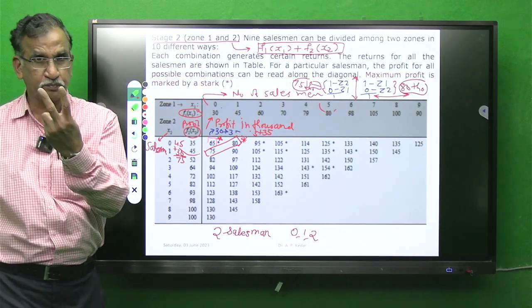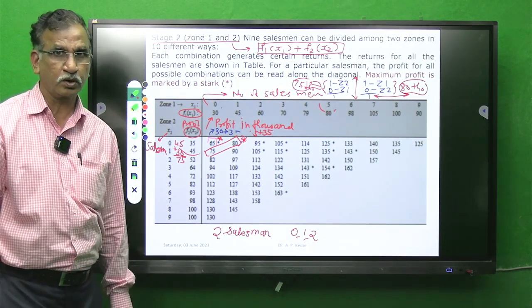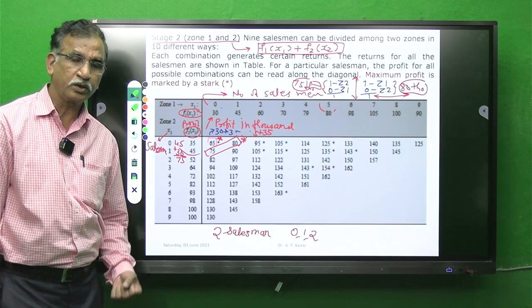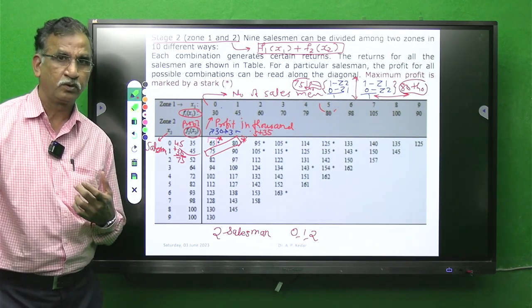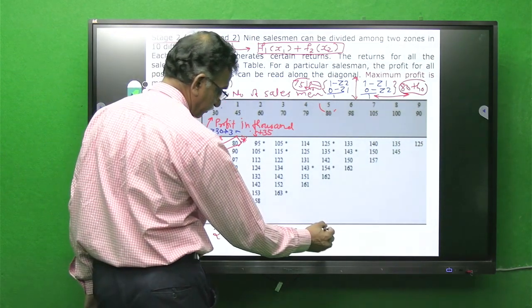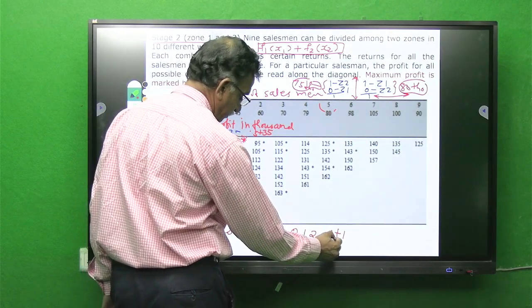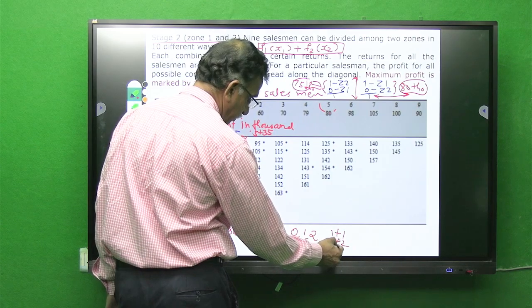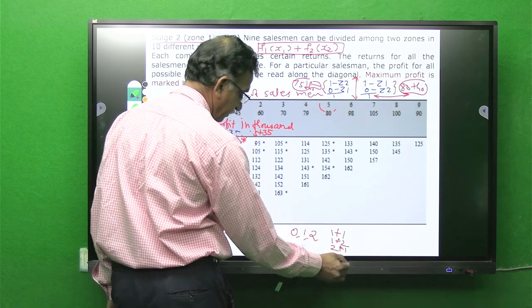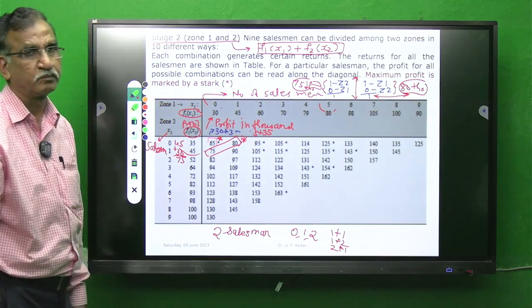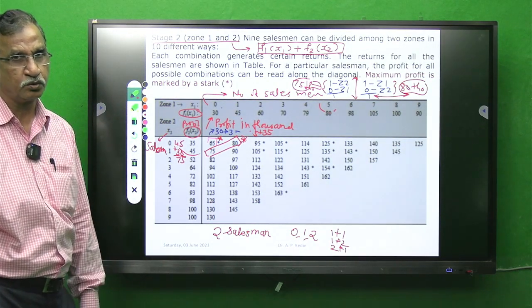I want a total of 2 in each zone. So it can be the sum of 1 plus 1, 1 plus 2 or 2 plus 1 in zone 1, zone 2.